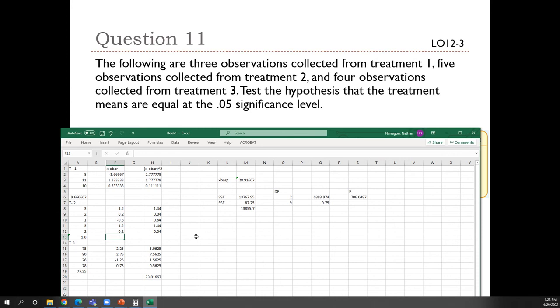Make sure your sums are in all of them. Notice again, that these are all changing.